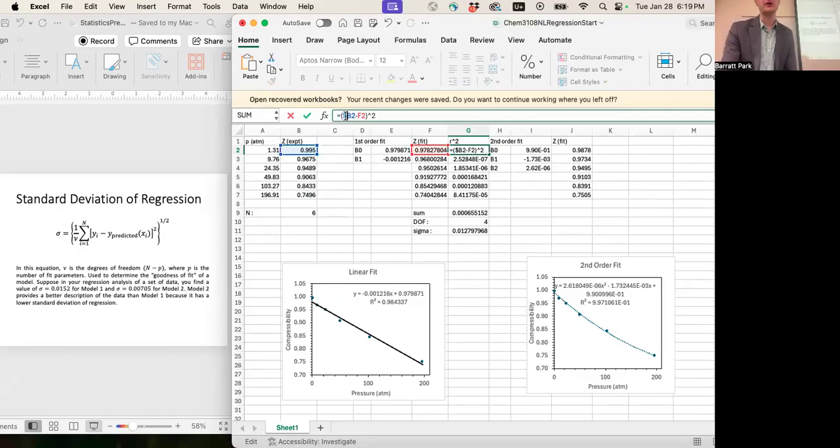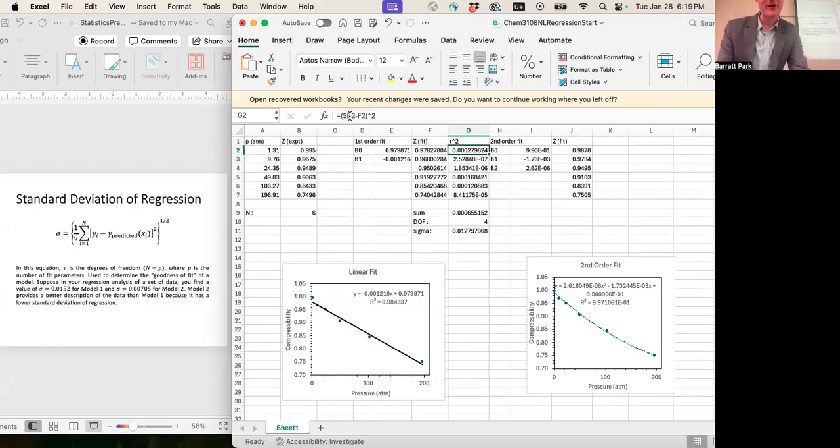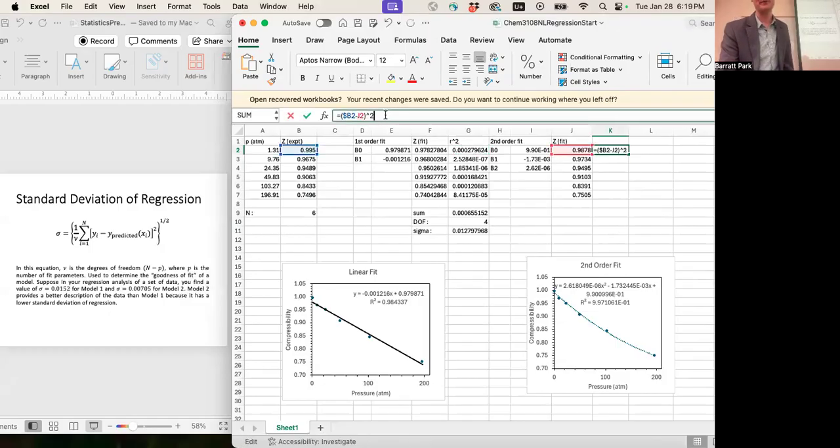So if I just put a $ sign in front of the B, that means that when I copy this formula over to another column, left or right, it's going to keep the reference to the same column, but if I drag it up or down, the row is going to change, but the column will not change. So if I put a $ sign here and enter, then now I can copy this formula over here, and it should copy over correctly because now the B column is static, the other value is not static.